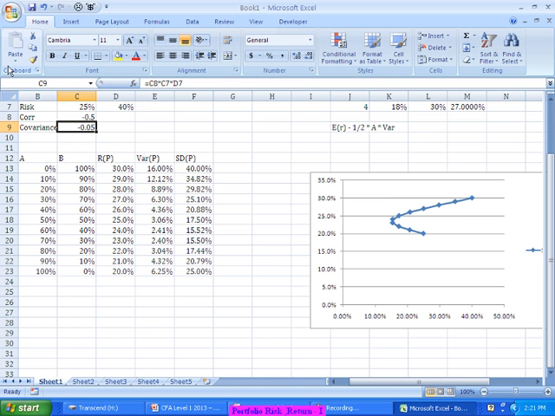For any return, let's say 20% to 30%, you choose any one point in between, there is one point that will touch on this curve. If your target is to get that much of a return, the minimum risk that has to be taken is this much. So that is the minimum variance frontier curve.